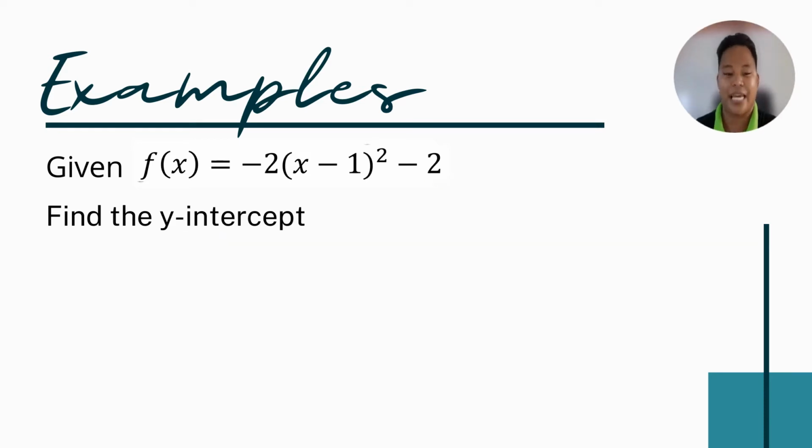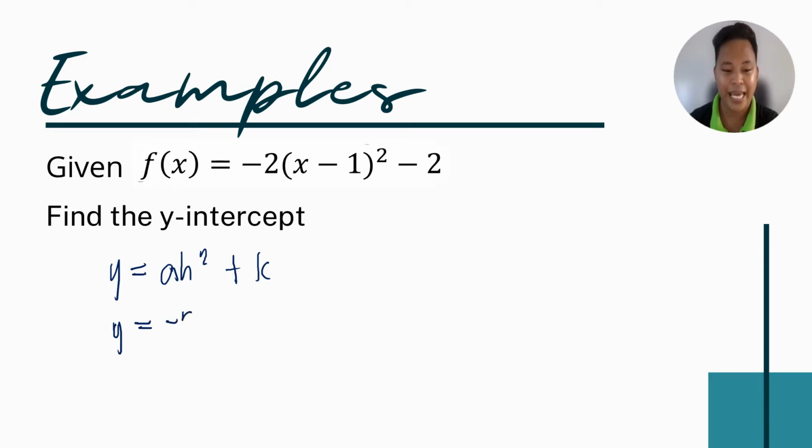For the y-intercept of this given function, we're going to use a h squared plus k, which is equal to the value of the y-intercept. Using the values of a, h, and k, we have y is equal to a negative 2, h is equal to positive 1, and k is equal to negative 2.